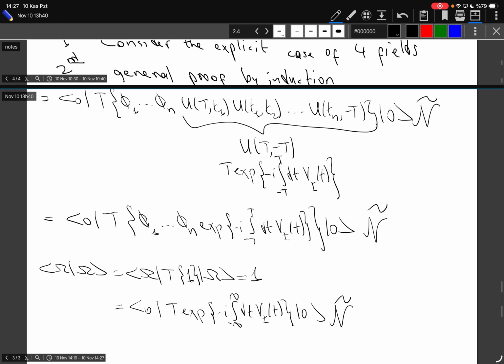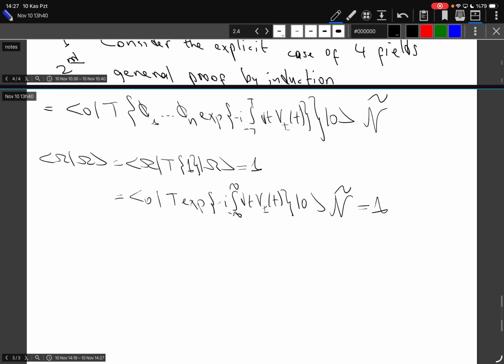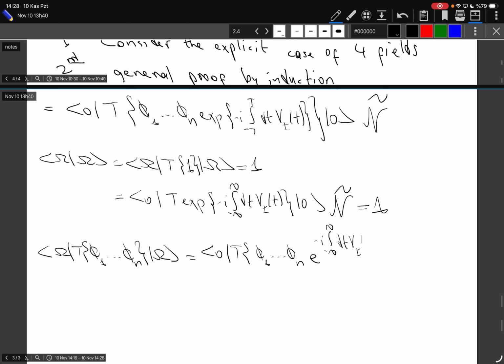And this should be 1. So I know what that phase is, which basically completes part of my proof, let's say. That is one step, this step. This is the time-ordered product of operators phi 1 to phi n times e to the power minus i, integral from minus infinity to infinity dt V_I of t, the time-ordered exponential of e.